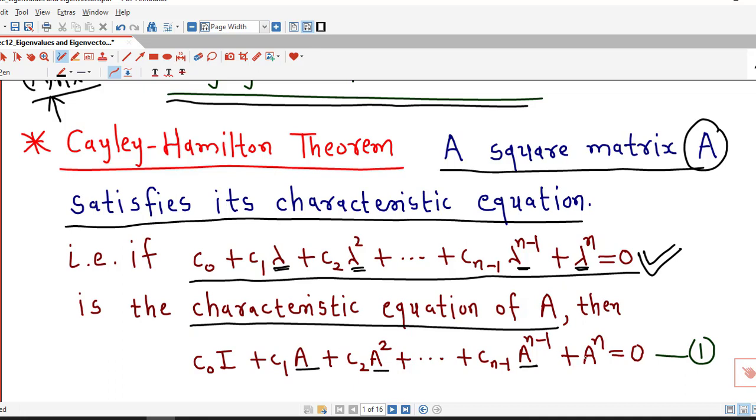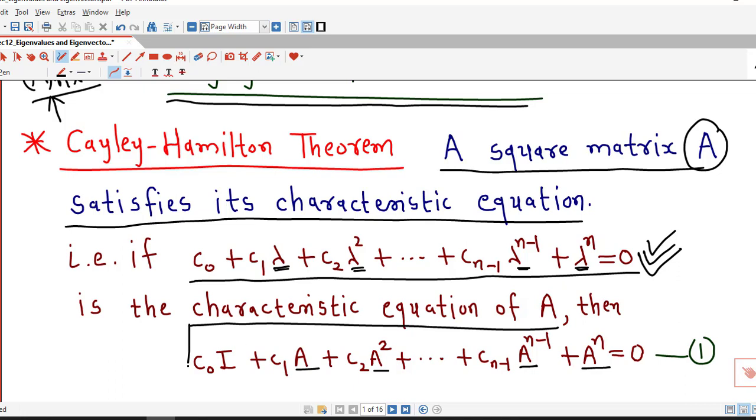If we replace lambda by A in this equation, then this equation is also satisfied by the matrix A. So this is the Cayley-Hamilton theorem. It says that every square matrix satisfies its characteristic equation.